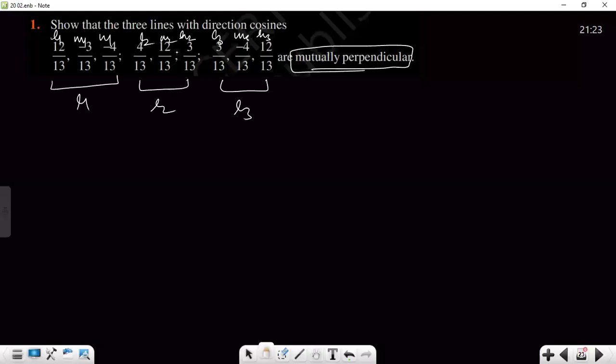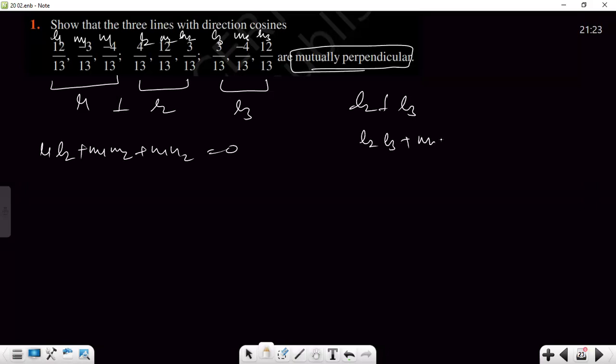Okay, so for these two lines to be perpendicular, L1 L2 plus M1 M2 plus N1 N2 will give us 0. And for line 2 to be perpendicular to line 3, L2 L3 plus M2 M3 plus N2 N3 will give us 0.